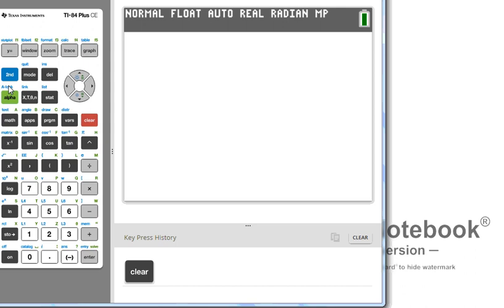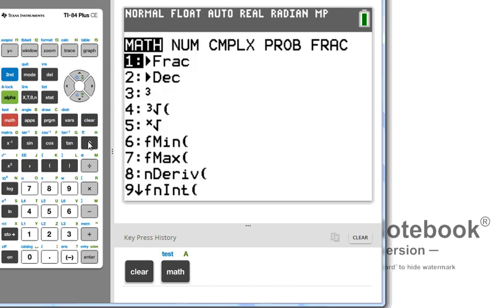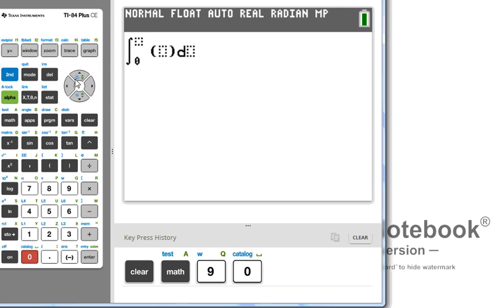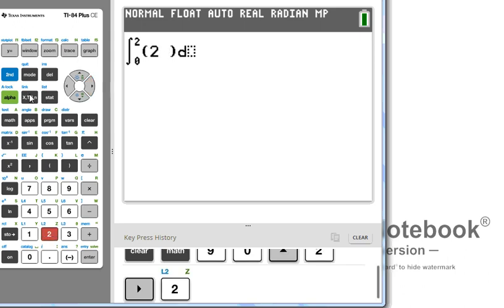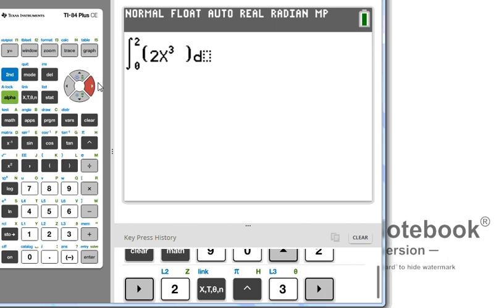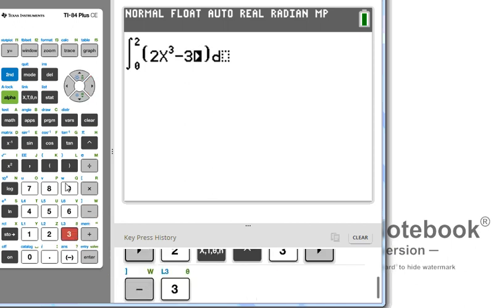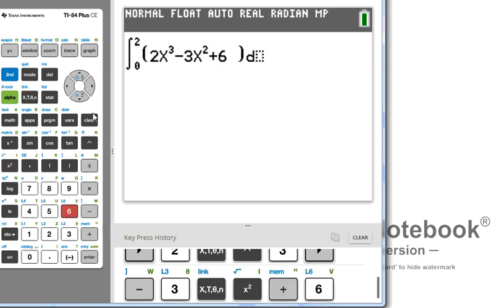We figure this out, go to math, and 9. We go from 0 to 2, and inside here, we're going to put in 2x cubed and we had minus 3x squared, and we have plus 6 dx.